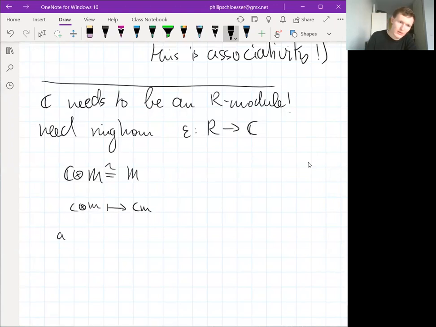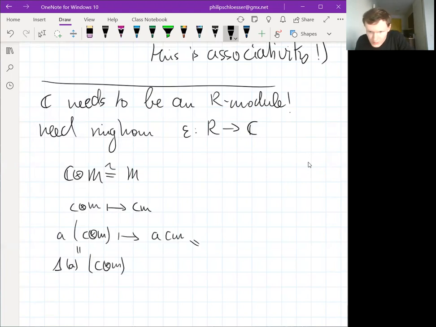Meaning that we need to map A times C tensor M to A times Cm. But this is just delta A applied to Cm.